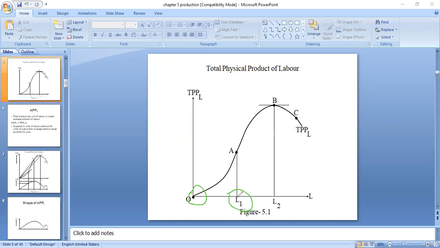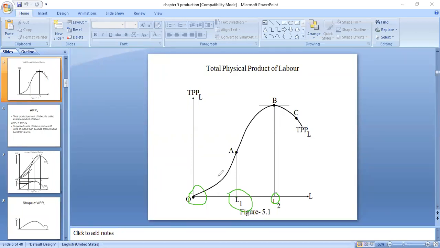Whenever you increase the labor from L1 to L2, look at that, L1 to L2, then your curve is getting inward. So the first curve is outward and the second curve is inward. The first curve outward means increasing at an increasing rate. So till point A, your output is increasing at an increasing rate.